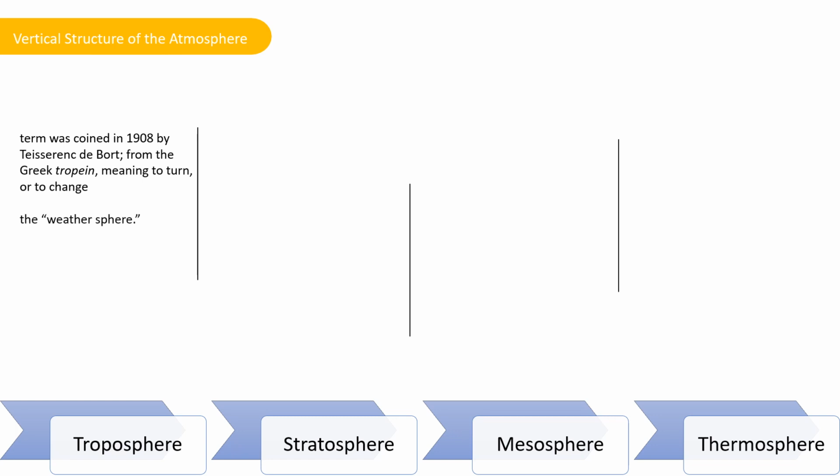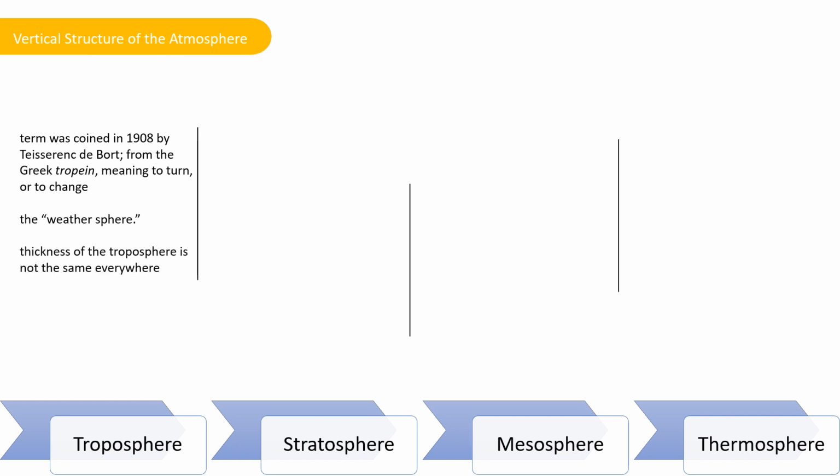This layer is called the weather sphere, because the troposphere is the layer in which essentially all important weather phenomena occur. Almost all clouds and certainly all precipitation, as well as all our violent storms, are born in this lowermost layer of the atmosphere.